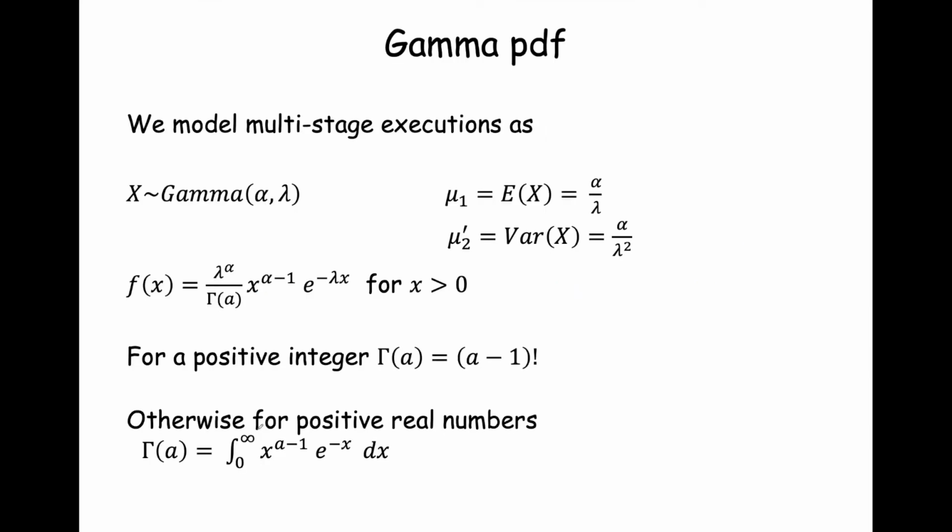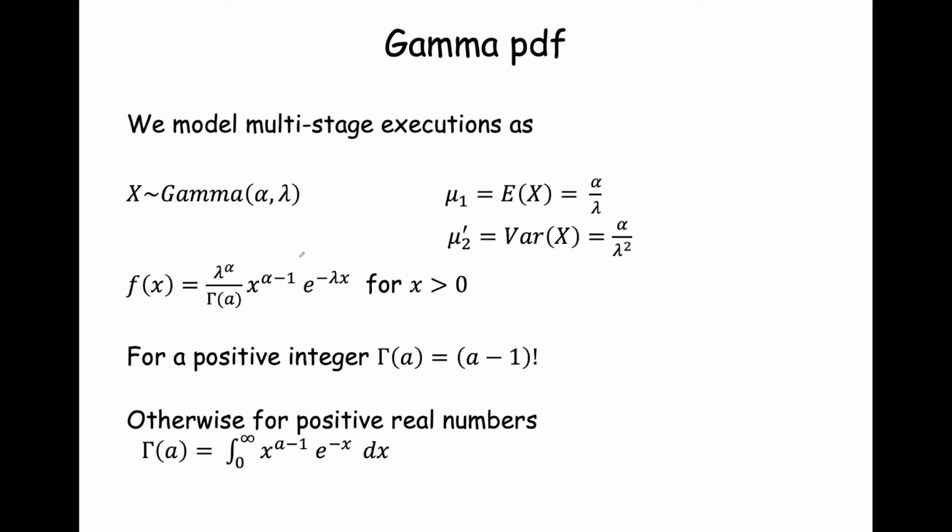From last time, we know that any random variable distributed as a gamma is governed by 2 parameters: alpha, the number of stages of execution, and lambda, associated with the exponential that governs the time for each of those stages.